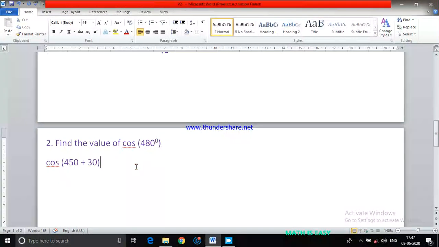As you are crossing the y-axis, the cos function will become sine 30 degrees. Is the cos function negative or positive in the second quadrant?